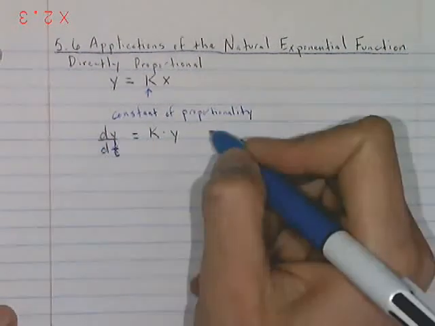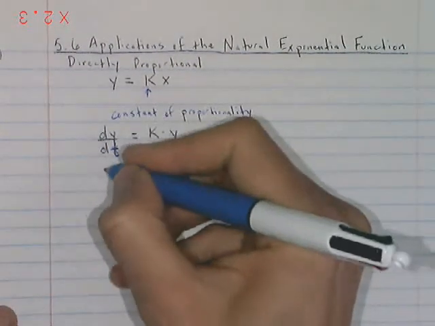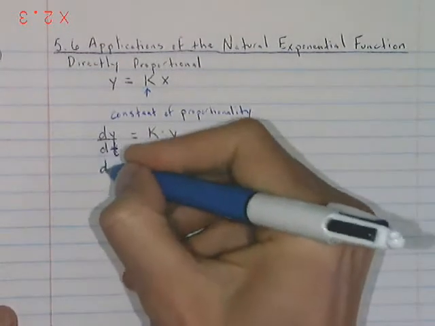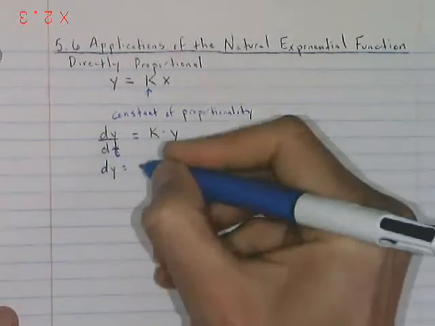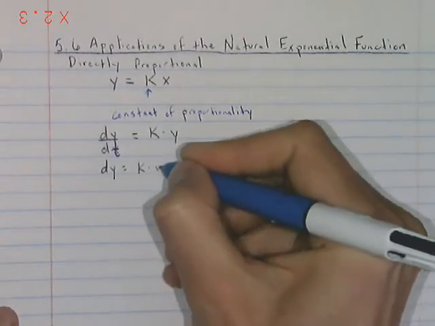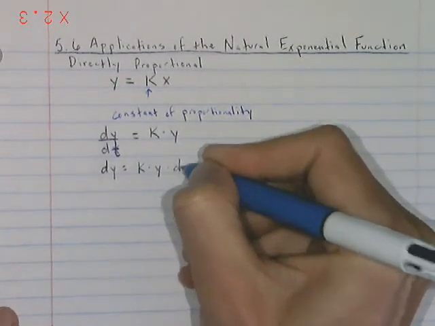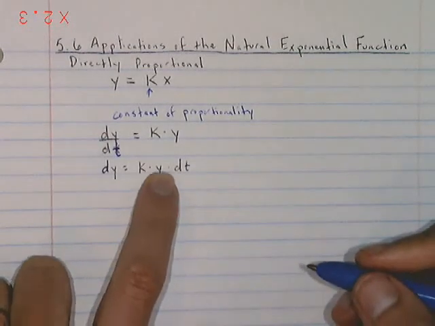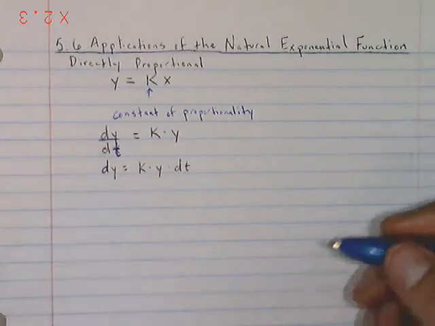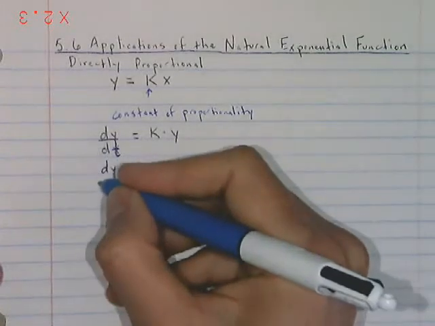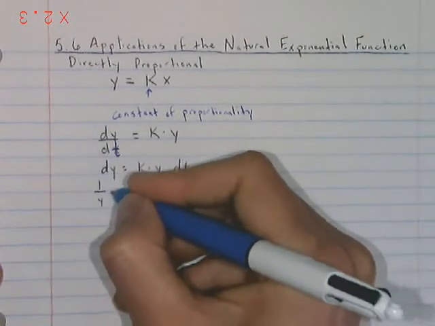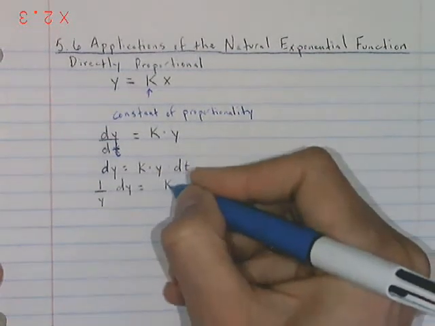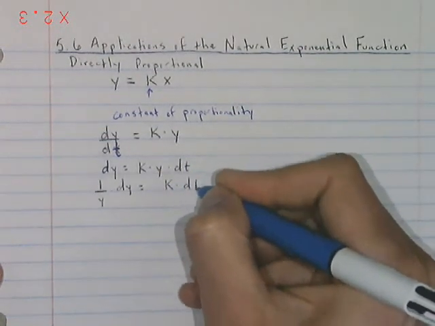We can bring the dt over here, so dy is equal to k times y times dt. Then we want to get our dy and our y together, so we'll pull the y over with division and end up with 1 over y dy is equal to k dt.